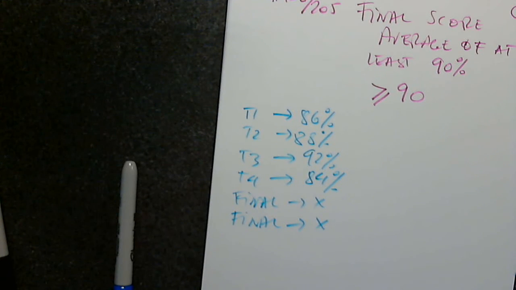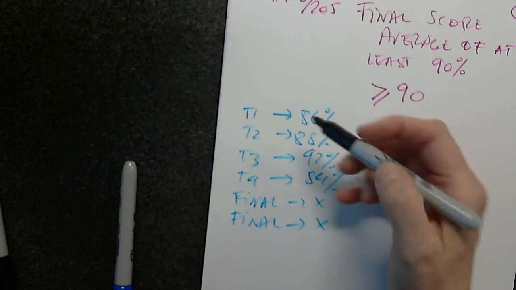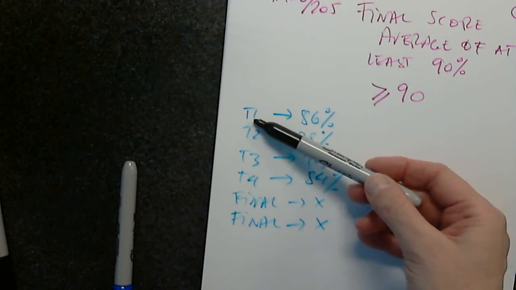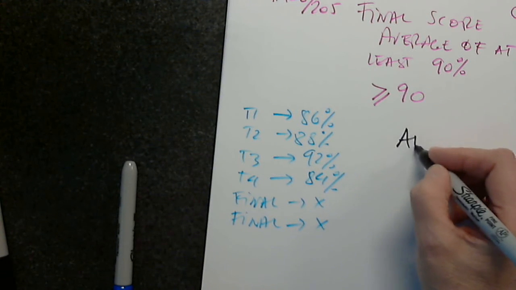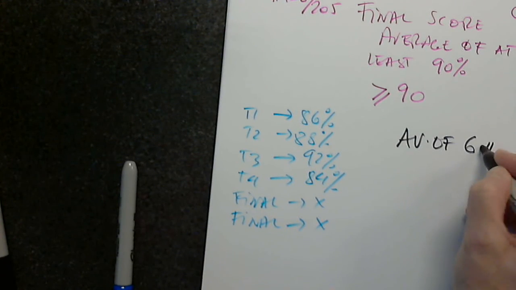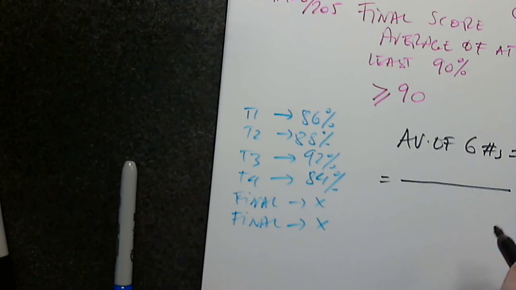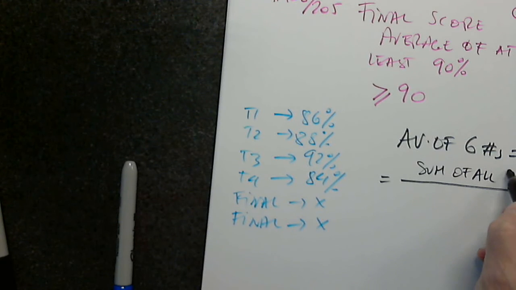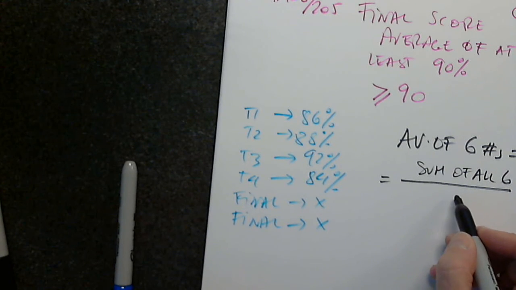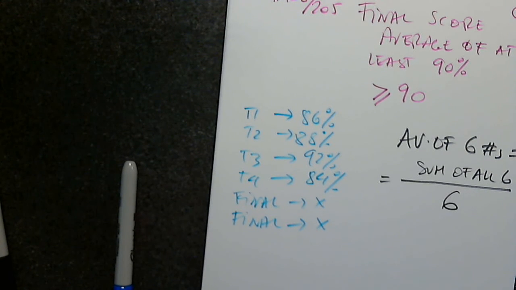First, we have to talk about average. So how many numbers do we have here? 6 numbers. The average of 6 numbers is the sum of all 6 divided by 6.